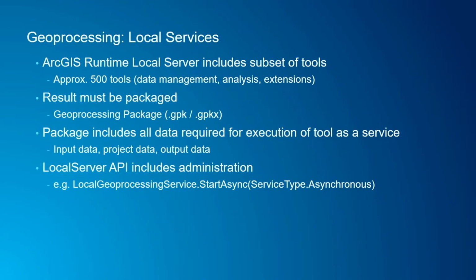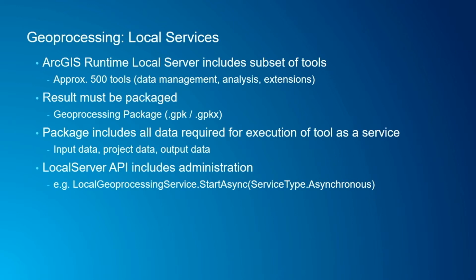Once we start talking about local services within ArcGIS Runtime Local Server, that contains a subset of the tools that are available within ArcMap and ArcGIS Pro. So approximately 500 tools. If there are tools that aren't listed in the documentation, just please get in touch with us and we can look at adding those tools to the ArcGIS Runtime. The tools have to be packaged, so you create a geoprocessing package.